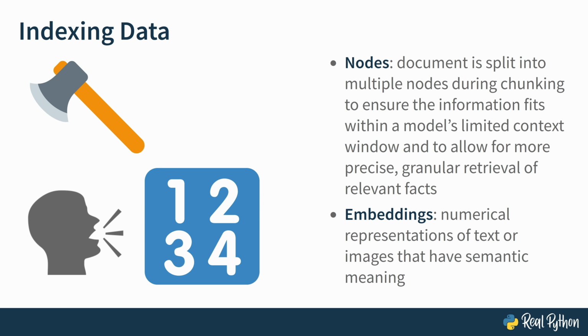And the key here is that these numbers capture semantic meaning. In other words, they represent what words mean. That's interesting, but it's also very much beyond the scope of this course, into the realms of how LLMs work, etc. So I'll leave this with you, this little bit of extra background information. But at the end of the course, I'll show you how you can investigate nodes and embeddings.